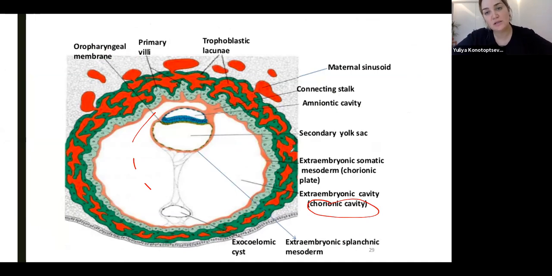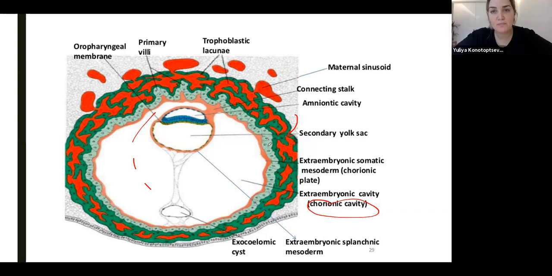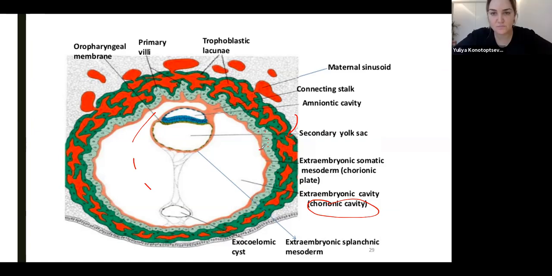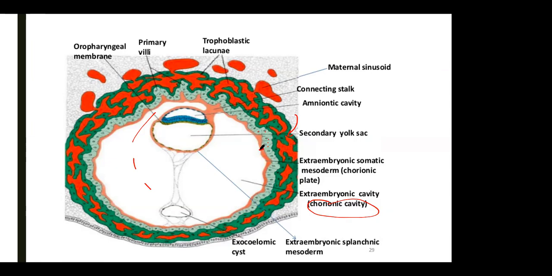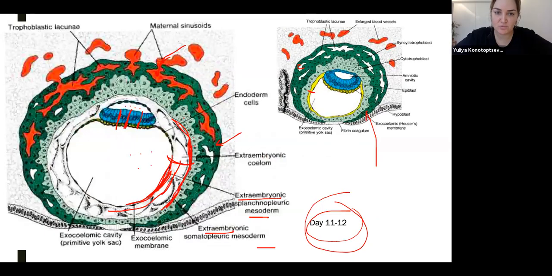Could you tell me the layers? What is the outer layer? Syncytiotrophoblast. And this? Cytotrophoblast. What is this? The Heuser's membrane. Yes, but which part of the Heuser's membrane?